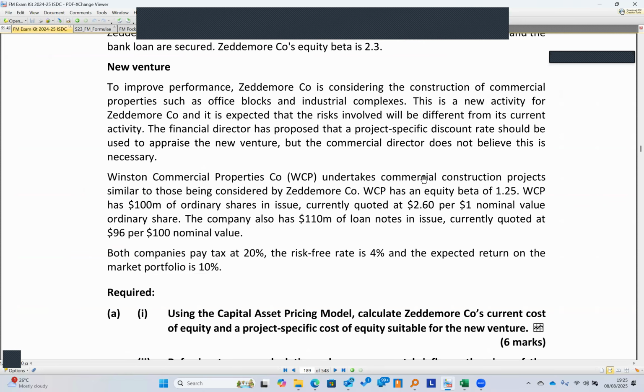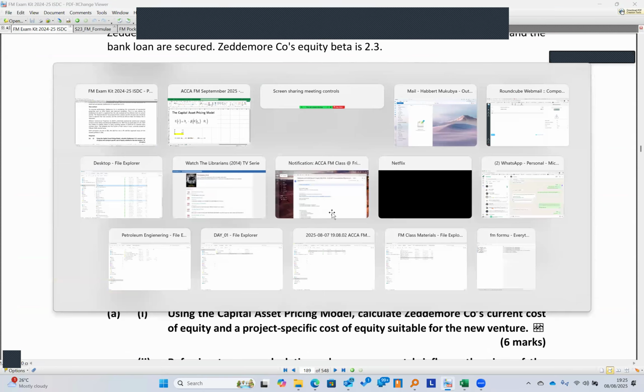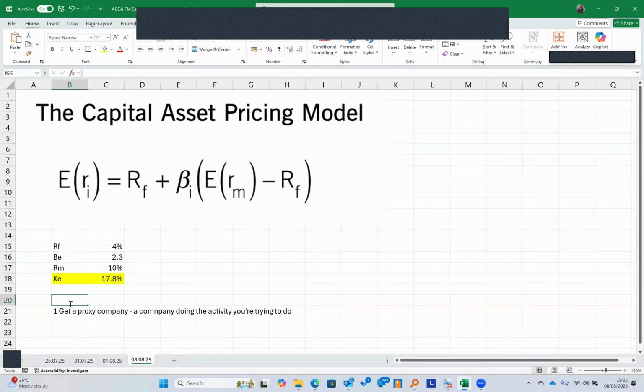Because Winston is doing commercial construction projects similar to those that we are trying to do. So here, what we are doing is a project-specific cost of capital. Okay, so you need to get a proxy company. And why would you get a proxy company? We need to get its asset beta.